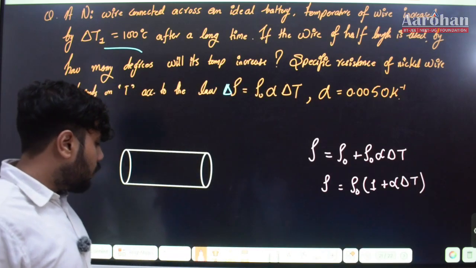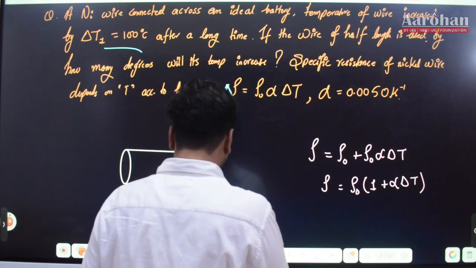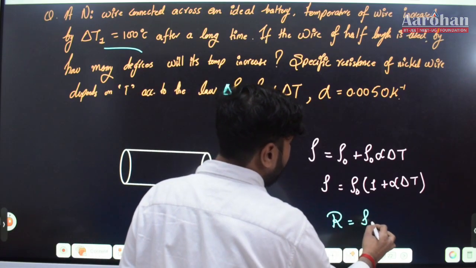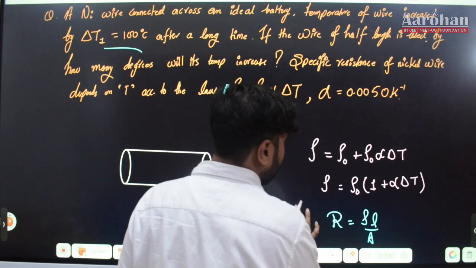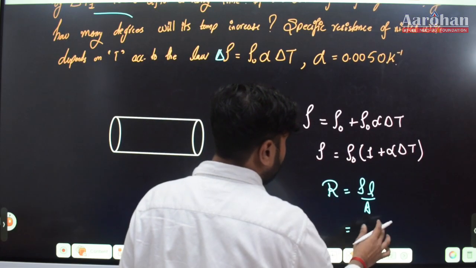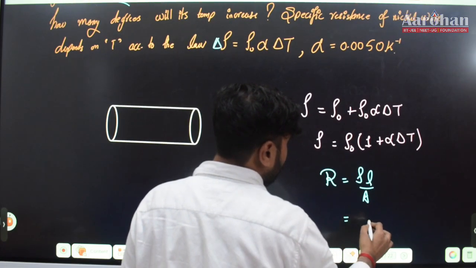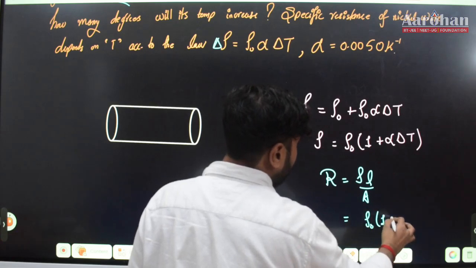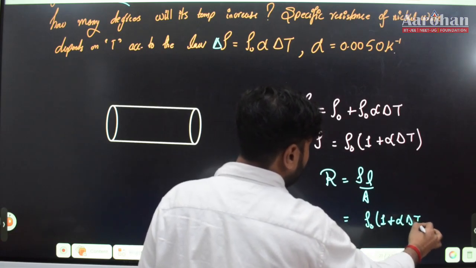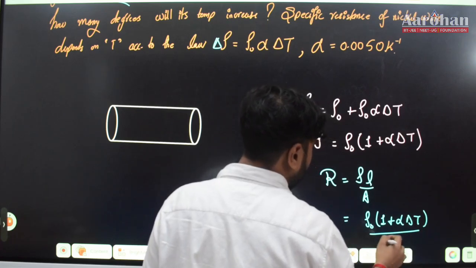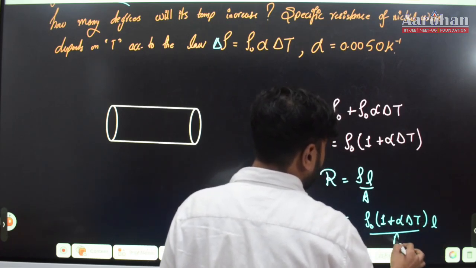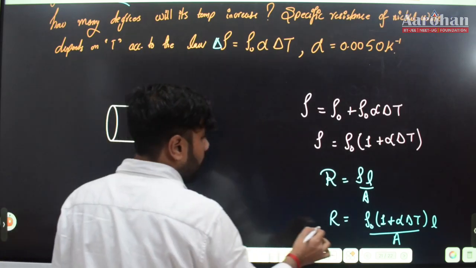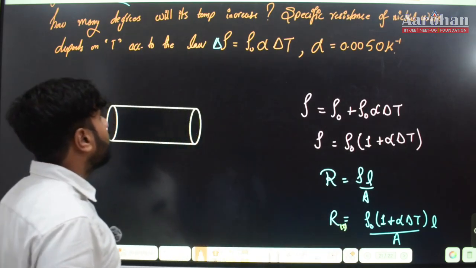Also, one more thing we can do: resistance is rho L by A, so I can substitute rho, and this will be rho naught (1 plus alpha delta T) times L by A. This is how we can write resistance as a function of temperature from this given data.